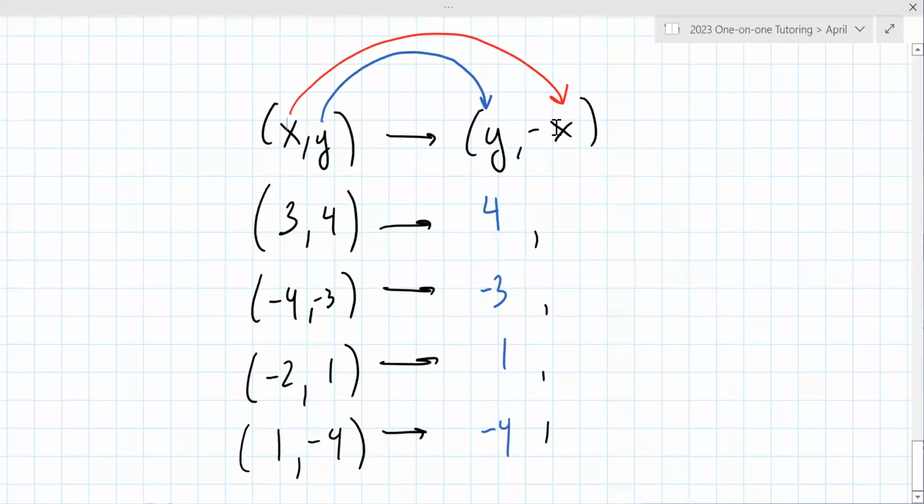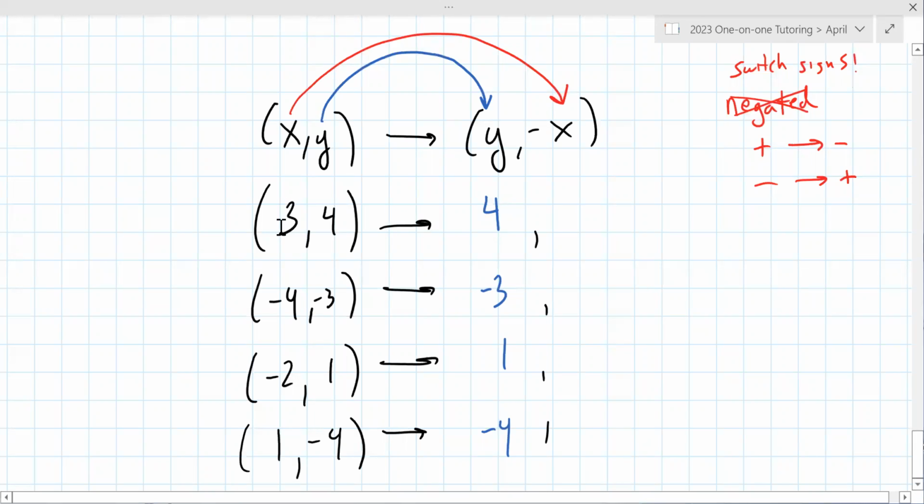It means negated. Negated means that if it's positive, it becomes negative. If it's negative, though, it becomes positive. Maybe a better word is to switch signs. Maybe you like that better.